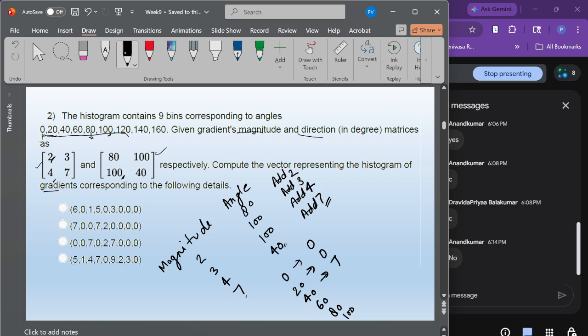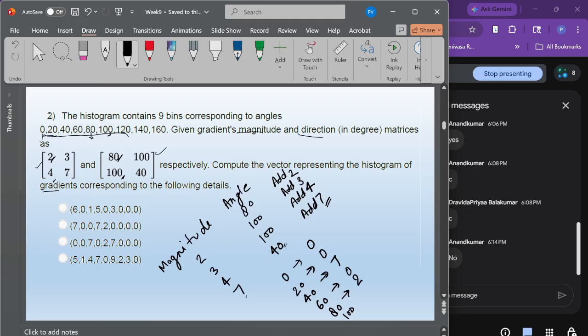Now the next angle is 60. Let's check: there is no angle and no magnitude given there, so again it will be 0 only. Next angle is 80, and the corresponding magnitude is 2, so we add 2 in this gradient.